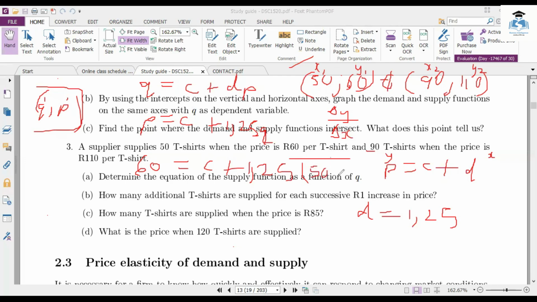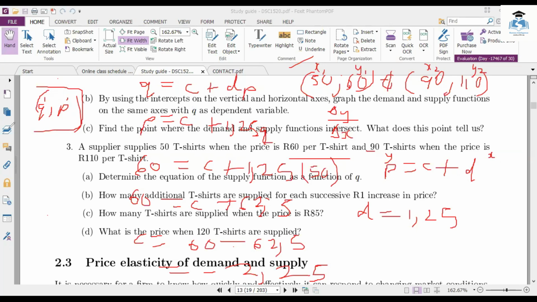So 60 is equal to C plus 1.25 times 50, which is 62.5. Then this one goes there, so C will be equal to 60 minus 62.5, which is equal to minus 2.5.